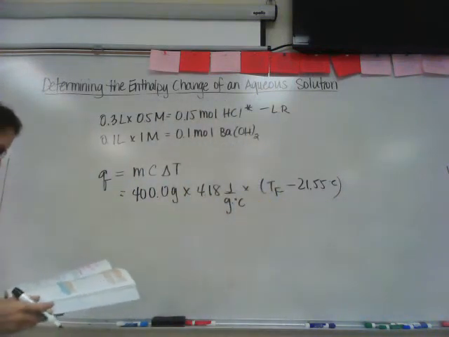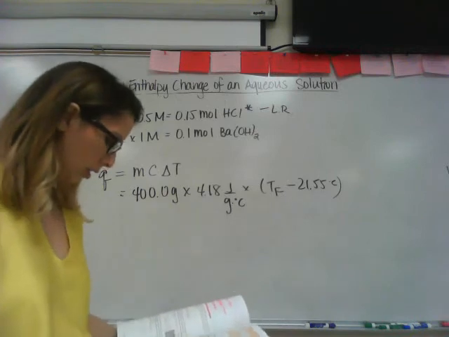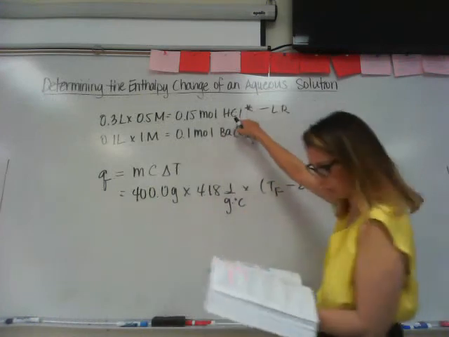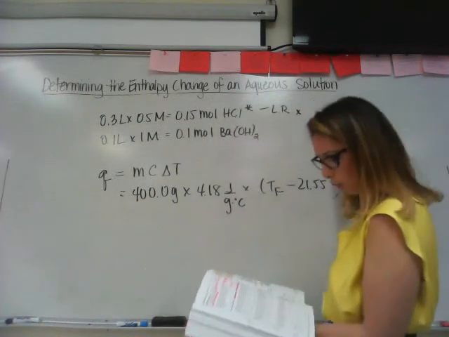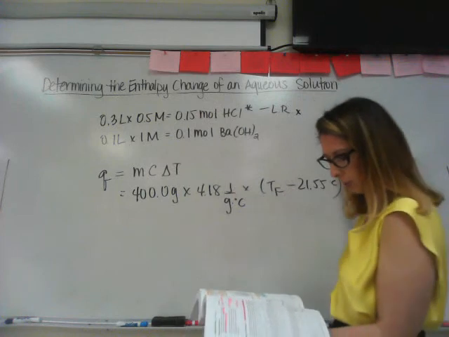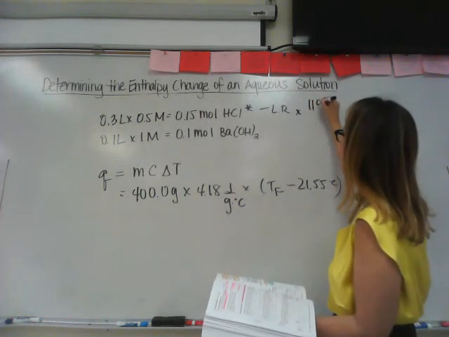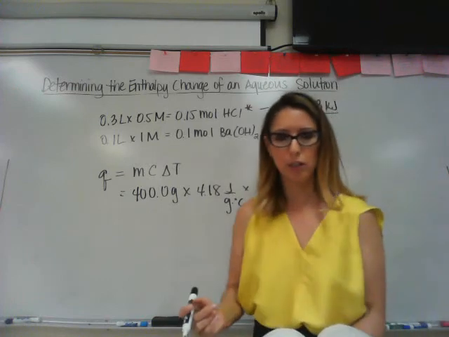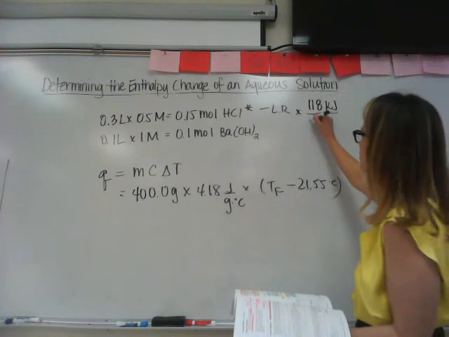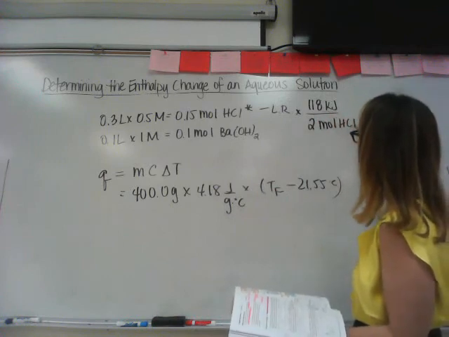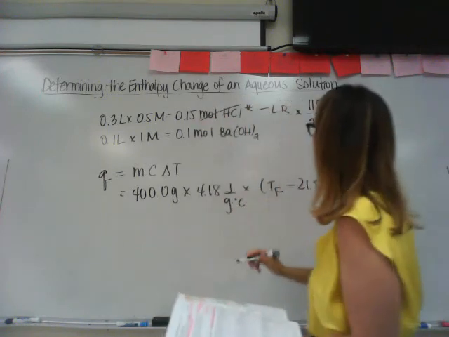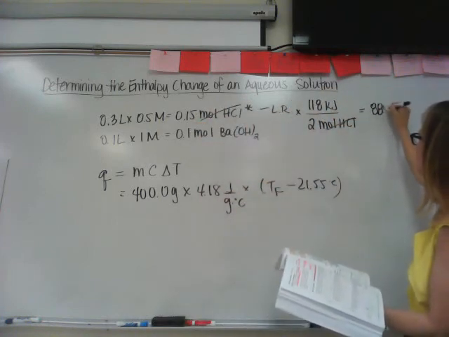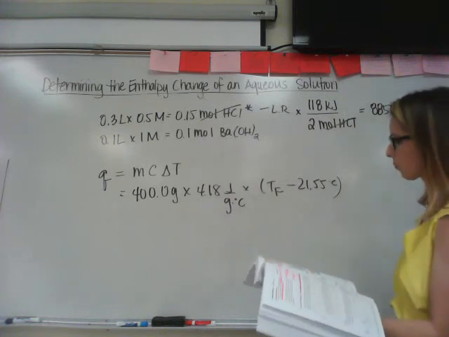And your Q is actually going to be, you're going to have to take this limiting reactant, and in the problem, they gave you a balanced chemical equation. On the product side, they told you you have 118 kilojoules per mole, but the coefficient in front of HCl in the balanced equation is a 2. So you put the 2 moles of HCl here, so that this can cancel. So 0.15 times 118 kilojoules is going to be 8850 joules.